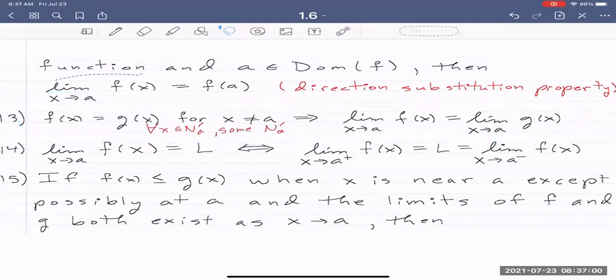So, technique. How do I find the limit? Plug in a. If you're dividing by 0, simplify, then plug in a. If you're able to plug in a in that simplified form, then you're done. So that is the technique on how to do these limits.